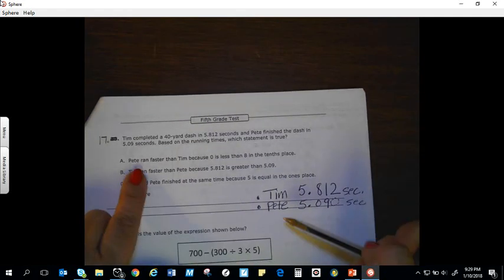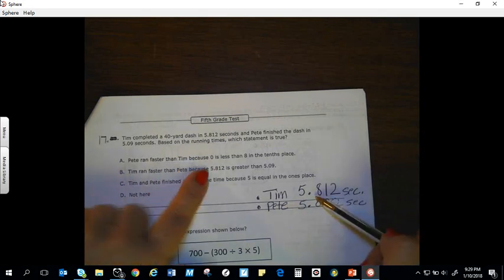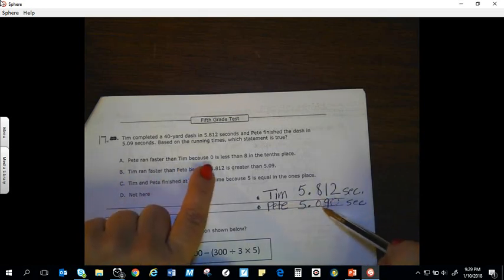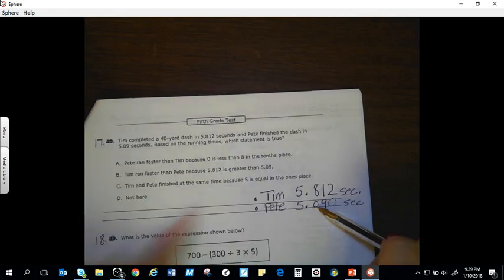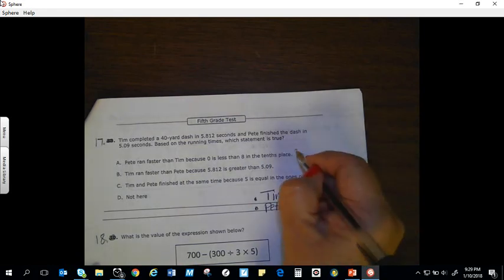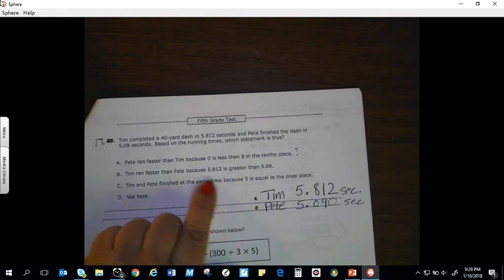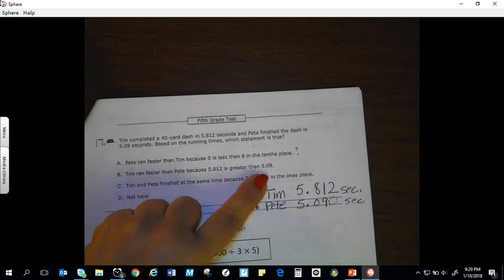Now, did Pete run faster than Tim because 0 is less than 8 in the tenths place? It's a possibility, right? Because we're looking. So we can check that out. That's a possibility. Did Tim run faster than Pete because 5 and 800 thousandths is greater than 5 and 900 thousandths?